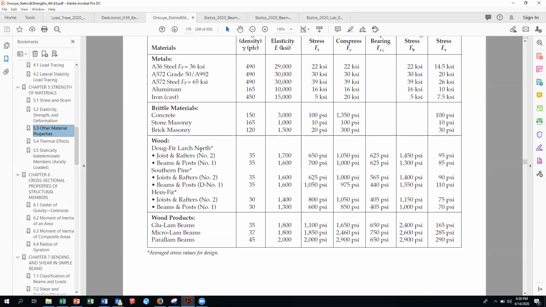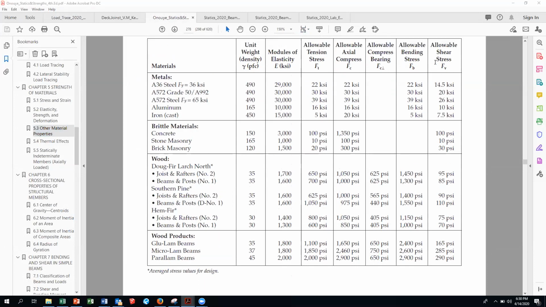I don't know my woods that well, but let's go to shear stress. Allowable shear stress is, and maybe we're using a joist, a number 2. So we're going to say Doug fir, larch.